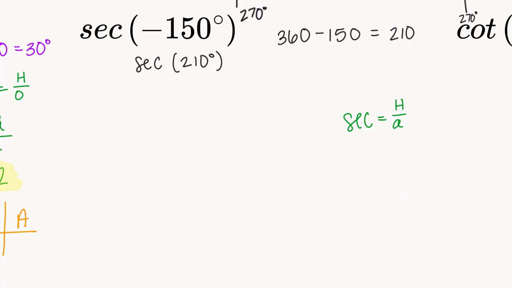My hypotenuse is 2A over A times the square root of 3. My A's cancel each other out. Multiply by the square root of 3. Remember, you cannot have a radical as your denominator. So I'm now going to have 2 times the square root of 3 over 3.